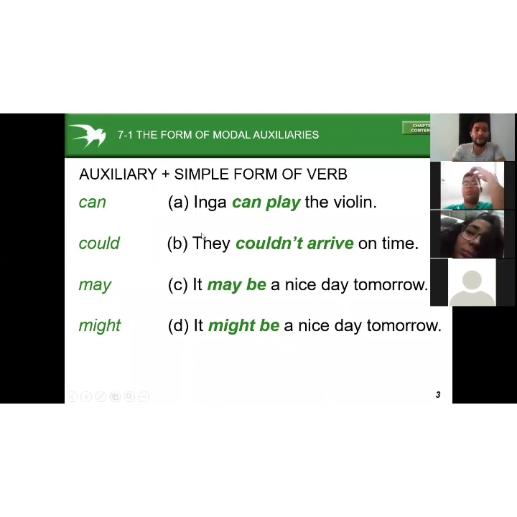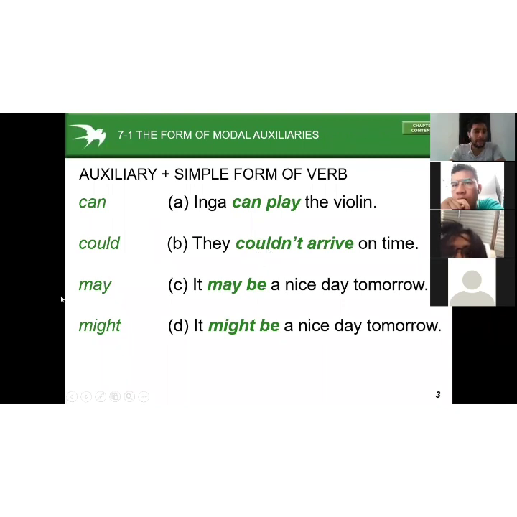So let's start with the first example right here. Inga can play the violin. Now we're using can to talk about abilities, an ability to do something. In letter B, we have could, like they couldn't arrive on time. Again, could is used to talk about abilities, but this time not in the present as can, but in the past.